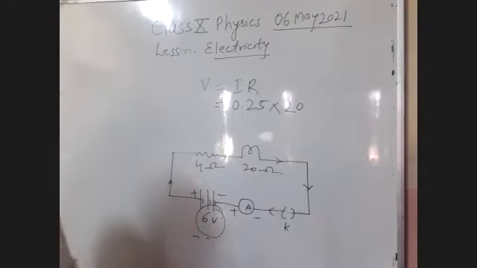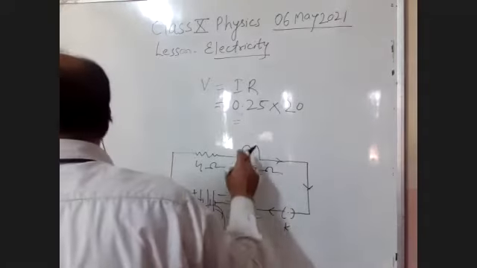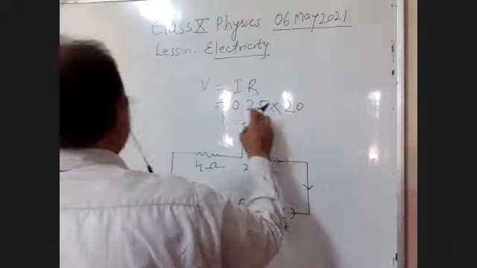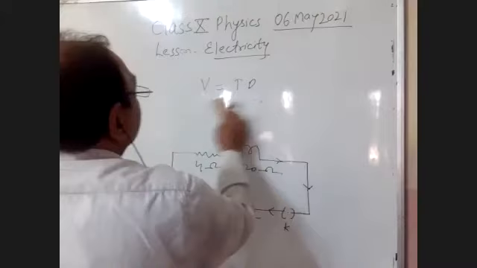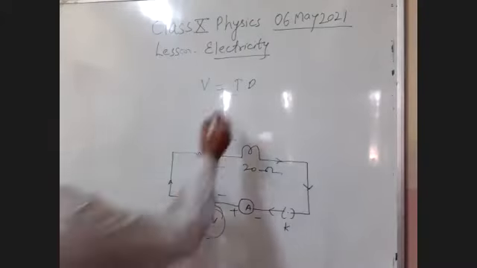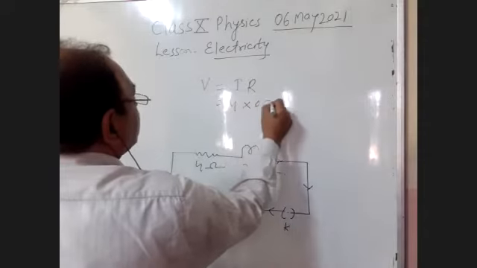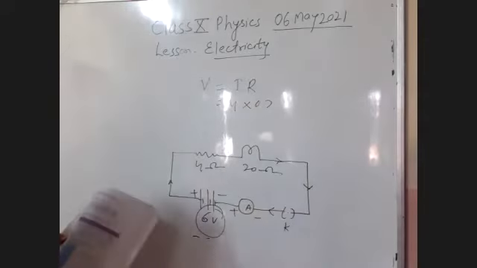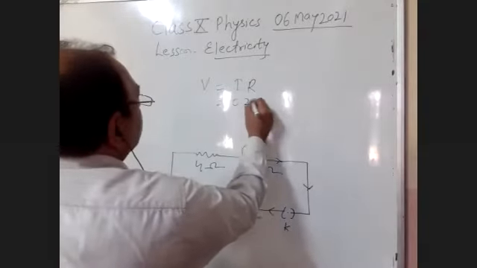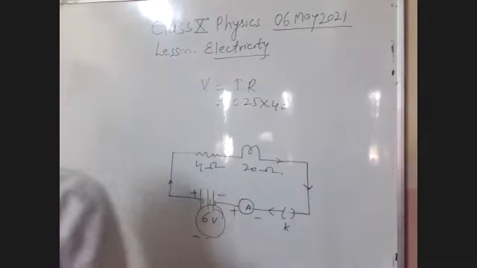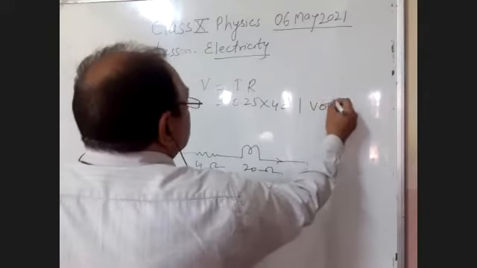First we'll calculate the potential difference across the 4 ohm: 0.25 into 4. When I multiply, it will be 1 volt.